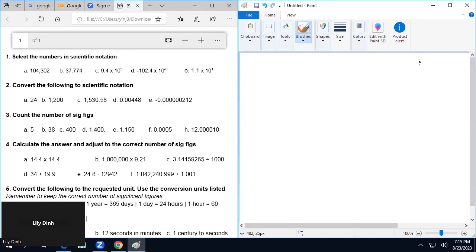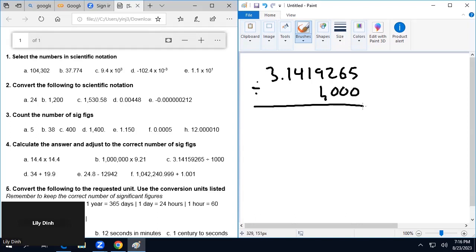Is that division? That is division. We're doing pi, 3.14159265, divided by 1,000. Only 1 sig fig in the 1,000.